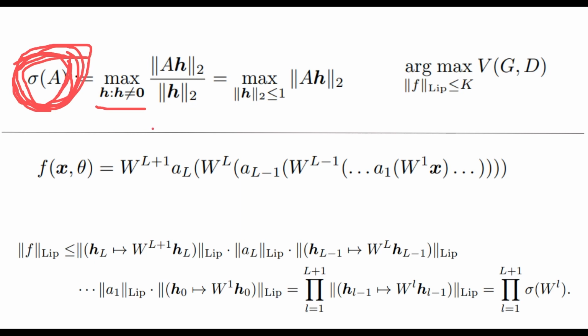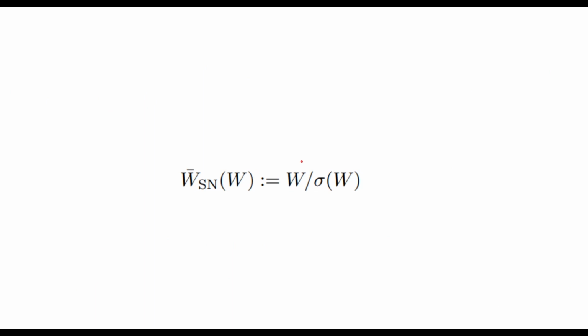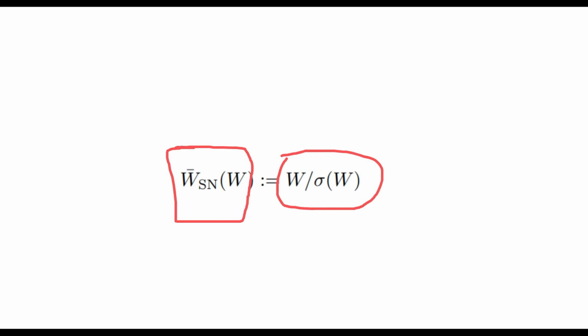So we keep a record of the iterated result and get the spectrum for each matrix in this neural network. And we use the normalized version of W, which means W over the spectrum, as the new W that works in our neural networks. So effectively, the linear mapping in the neural networks has spectrum 1.